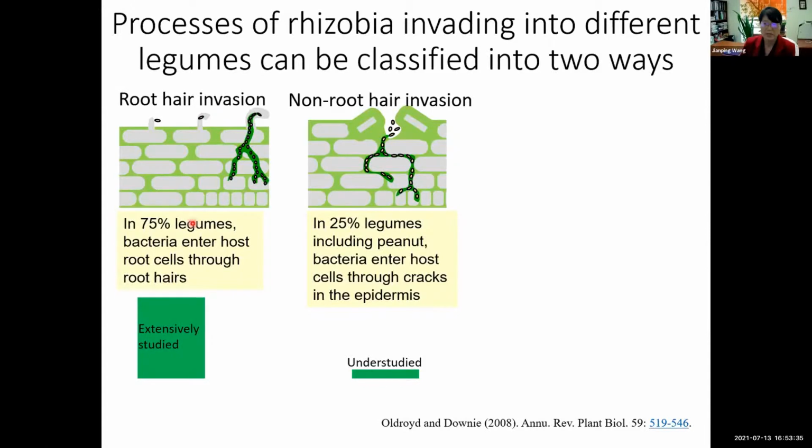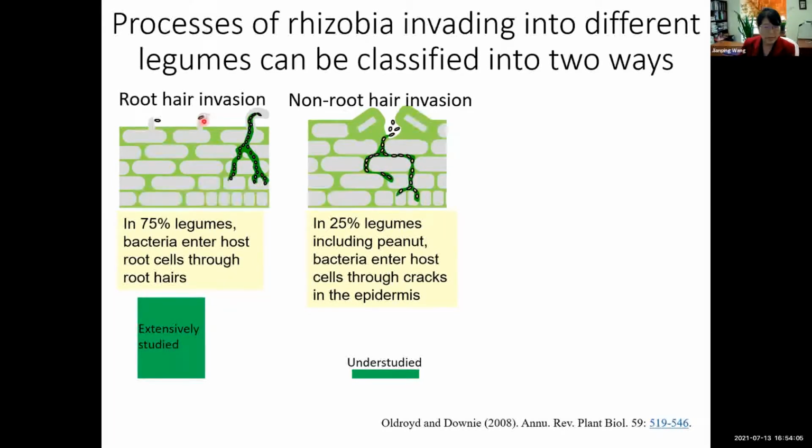Root hair invasion happens in a lot of legume species, including the model legume species and many other legume crops like soybean, common bean, mung bean, cowpea, except peanut. Peanut is one in the category using non-root hair invasion.